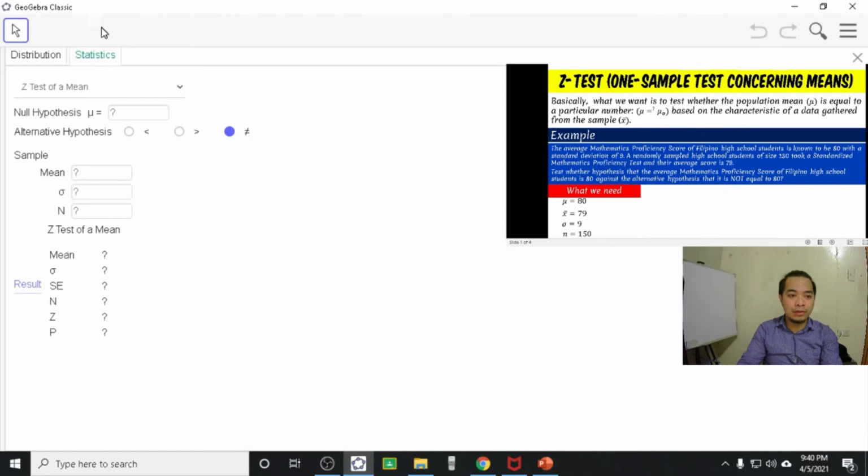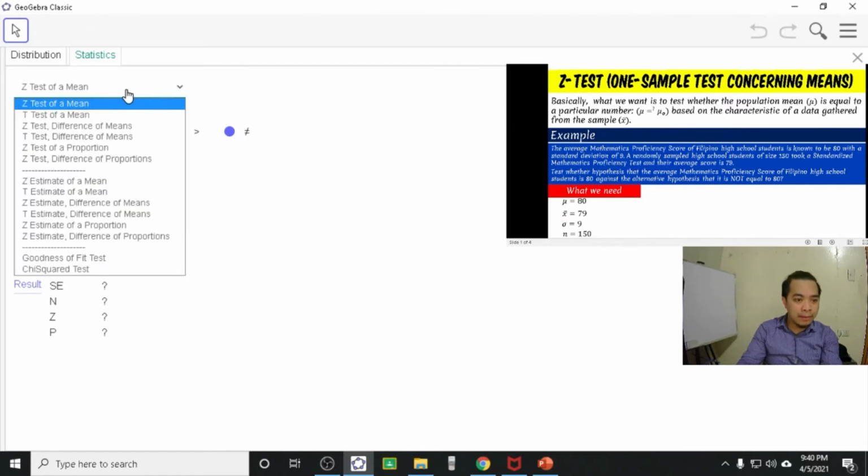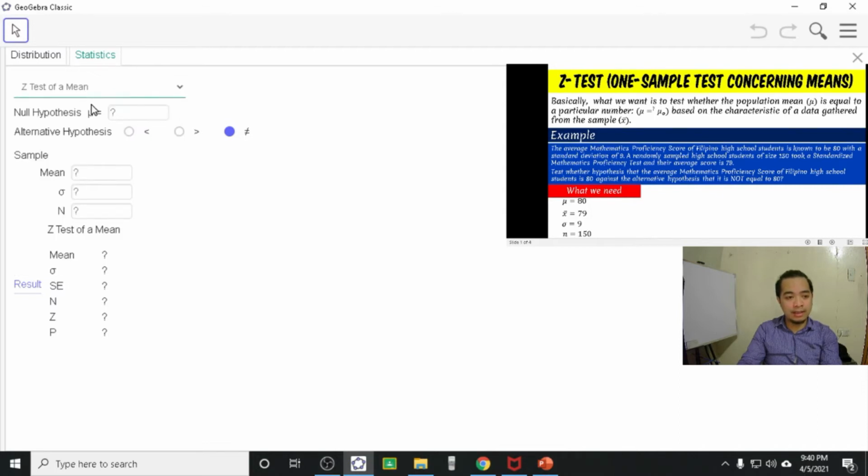So let's look for the z-test in our list of hypothesis tests. This is the first hypothesis test. Let's click on this test, and it will give us what we have to complete before it gives a result. First, we specify the null hypothesis.